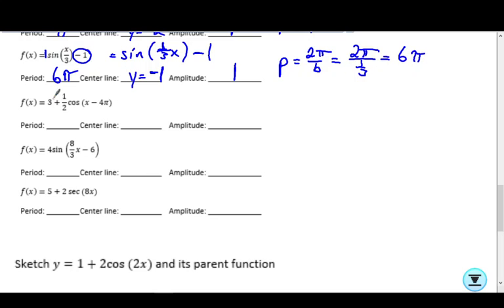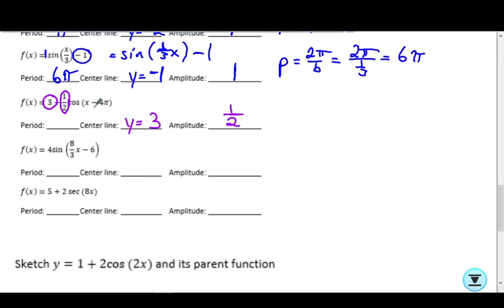All right, let's look at the next one. So what does this 3 represent? That's my vertical shift. So that's my center line at y equals 3. What is this 1/2 right here? Amplitude. So my amplitude is 1/2, which means it's been vertically compressed. Do I have a change in period?